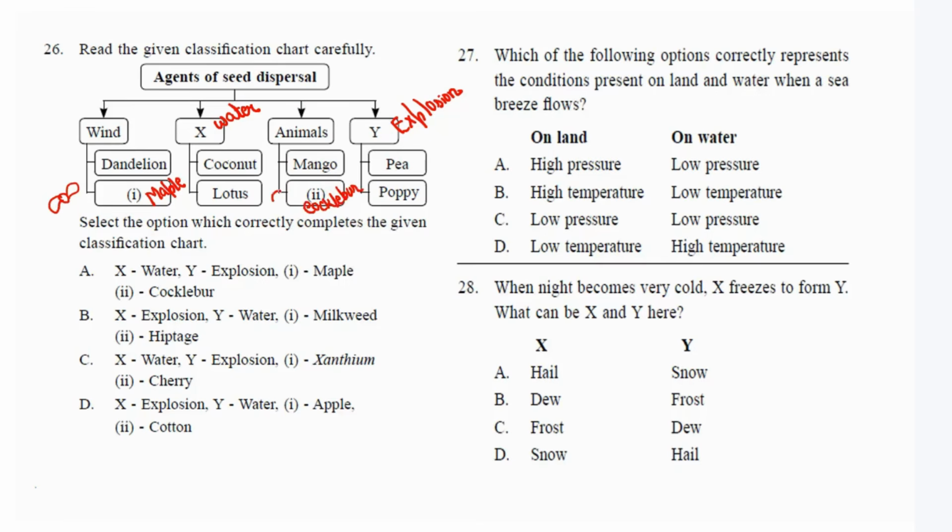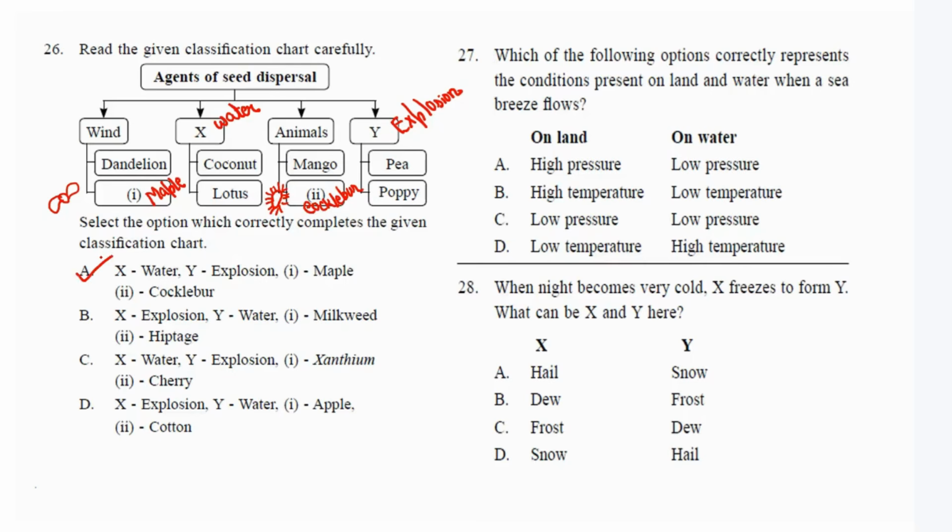So cockleburs have a spike-like structure. So the spike-like structure easily gets attached to the animal body, and these seeds can be easily dispersed from one place to another on touching the animal body. So the correct answer should be option number A, right?